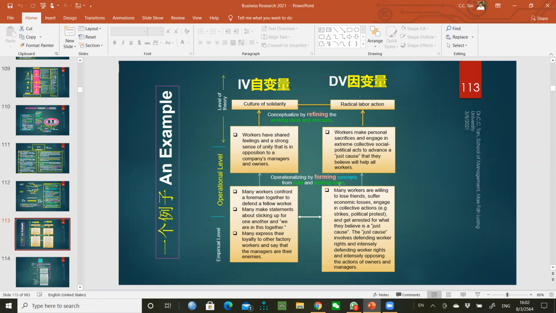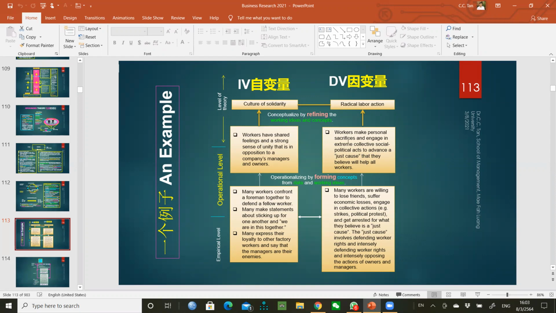Okay, so in view of these overall meanings and your research objective, this tells us that the workers make personal sacrifices and engage in extreme collective social and political action to advance a cause that they think is just, through the solidarity culture of their own groups.